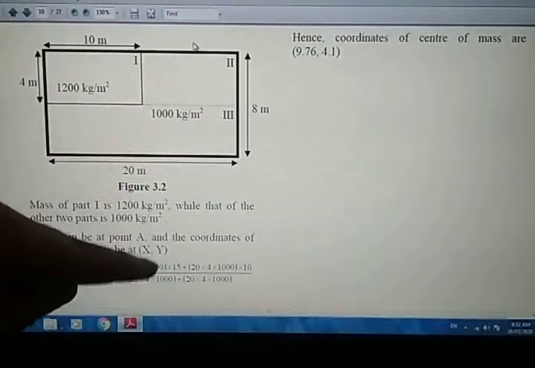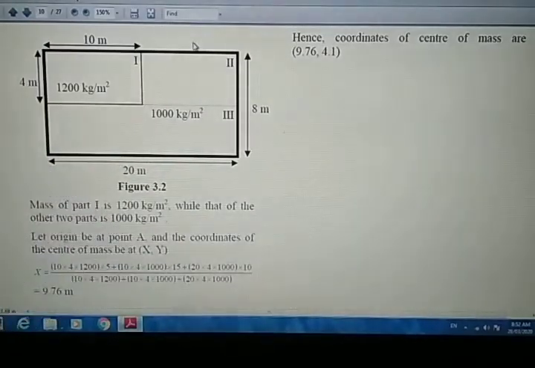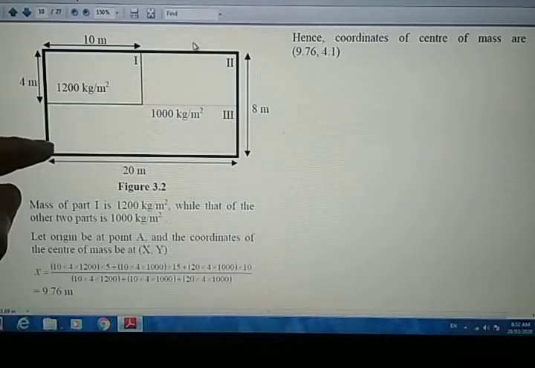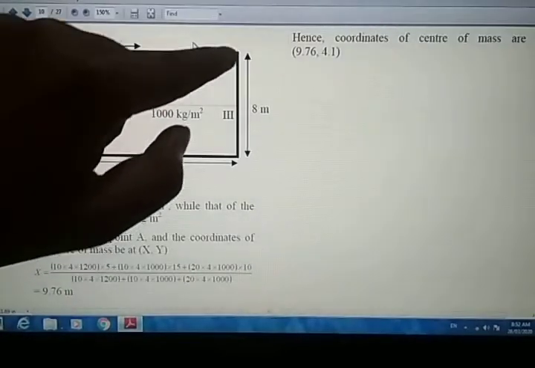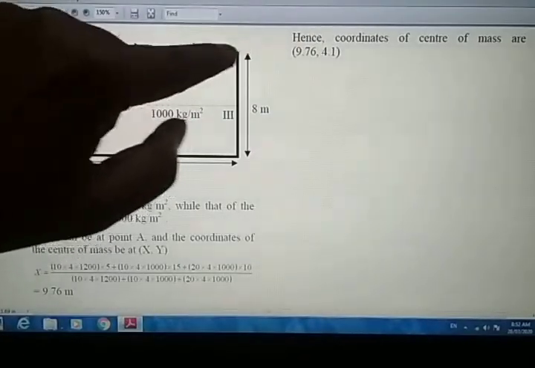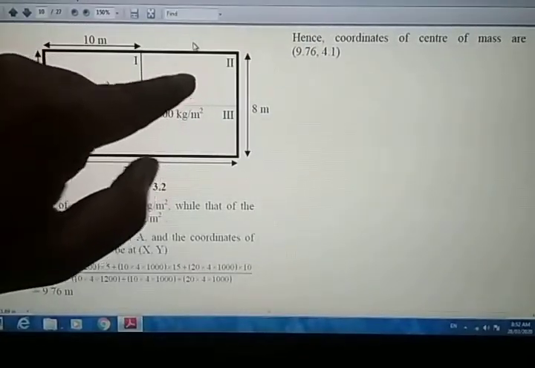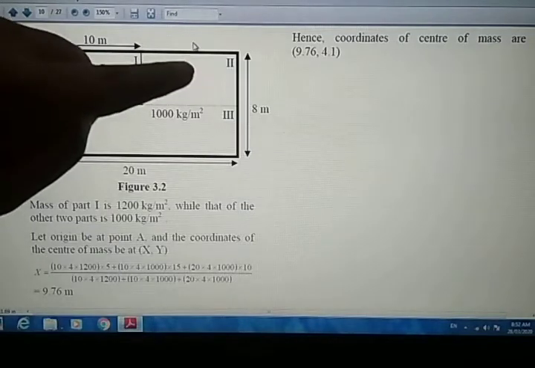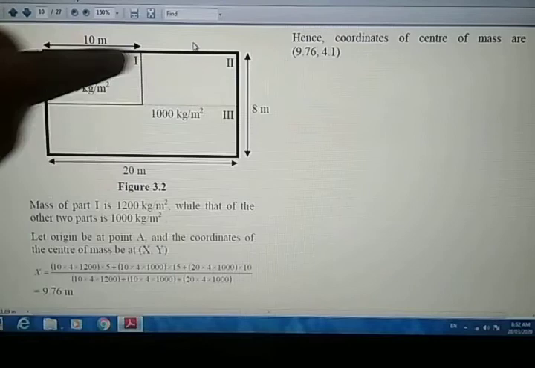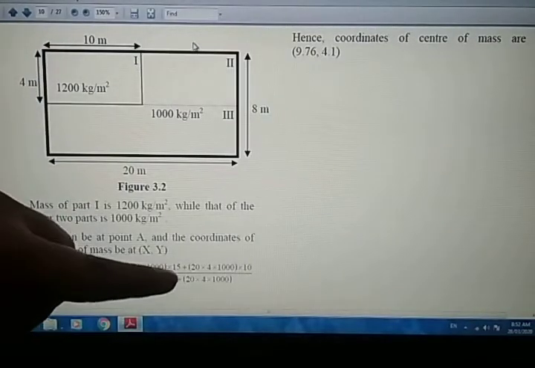And how do we get 15? If we start from this end, the midpoint of this section is 10 divided by 2, 5, then we take the full 10 length along the x-axis, 10 plus 5 for the midpoint of this section. So 10 plus 5 is 15.